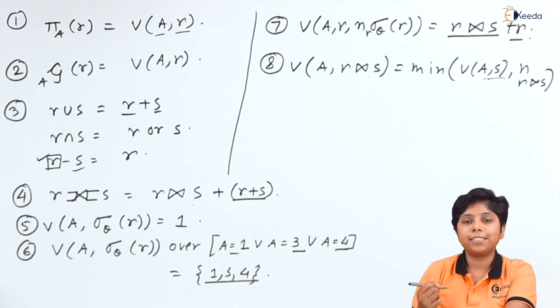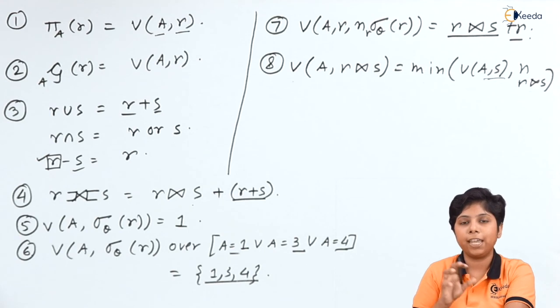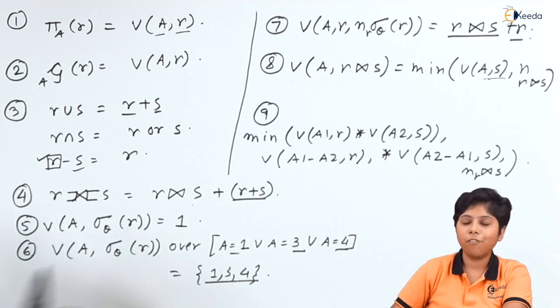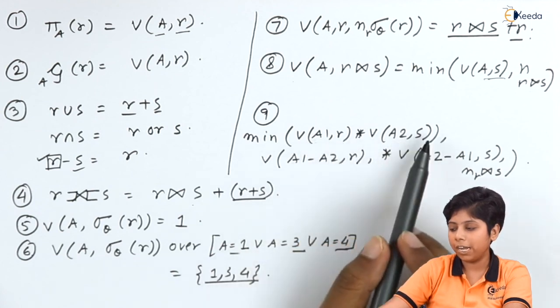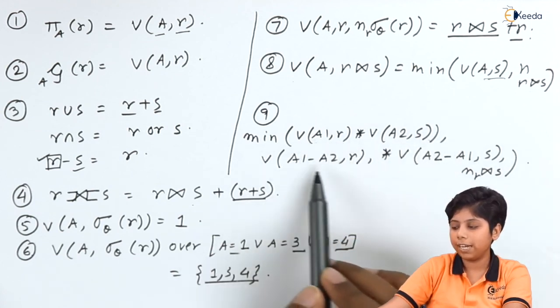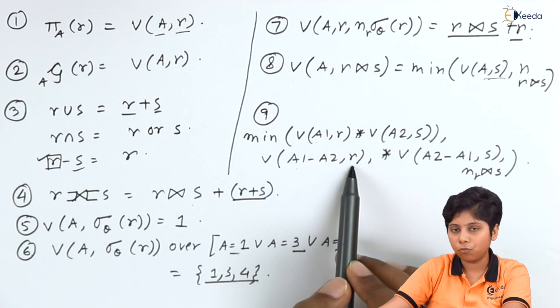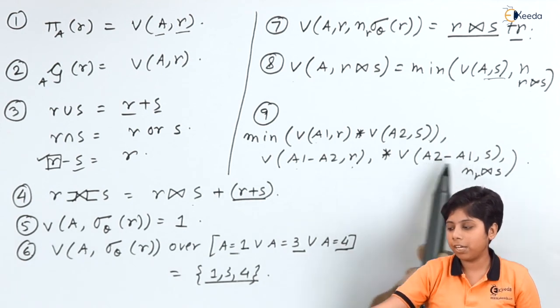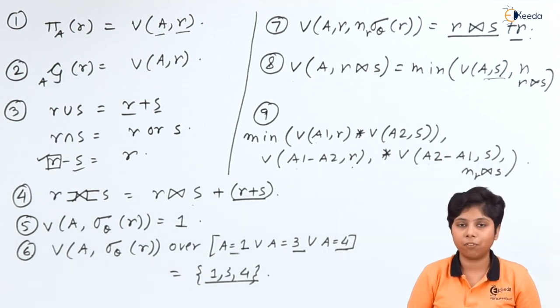Now suppose that a set of attributes A contains A1 attribute set from R and A2 attribute set from S, then we have the probability on the size of selection as the minimum from A1 R and A2 S, also with the set that is A1 minus A2 for R, that is R is having A1, so we are set differencing it with A2, and S is having A2, so we are set differencing that with A1.